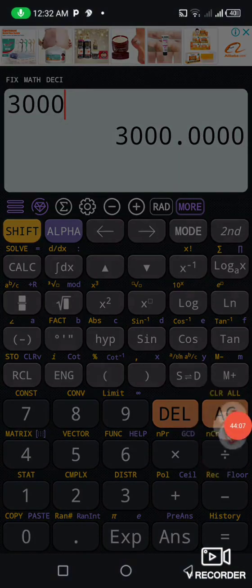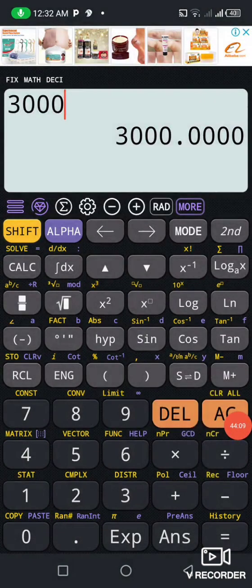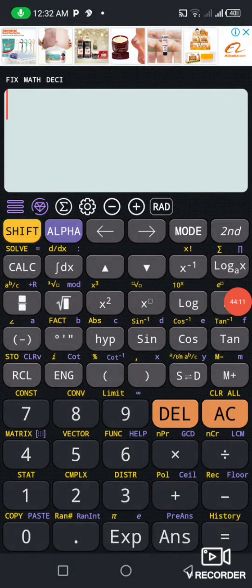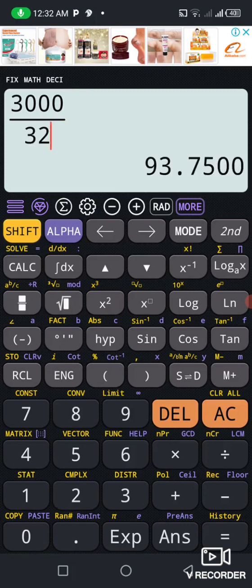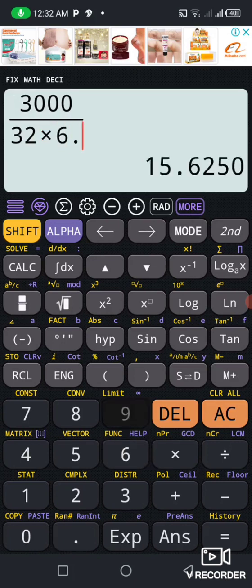So this $3,000, you are not risking this $3,000, and then you write 3,000 divided by the SL pip, and then you multiply it by the pip value 6.95.